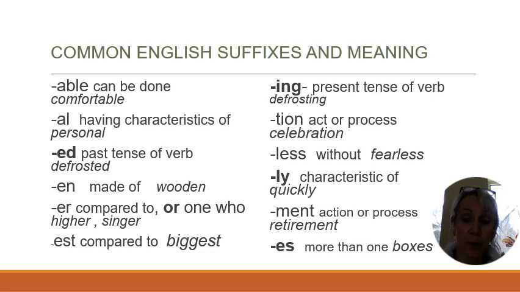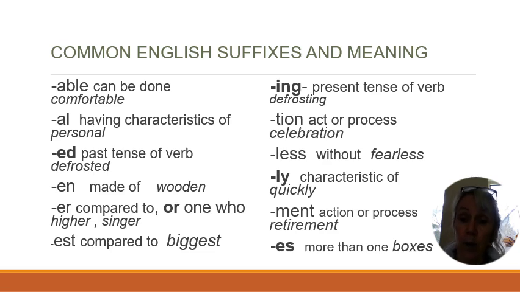So the example we're using is celebration. Celebration. The process of celebrating is celebration. Then we have less, L-E-S-S, which means without, and the example we're using here is fearless, without fear.